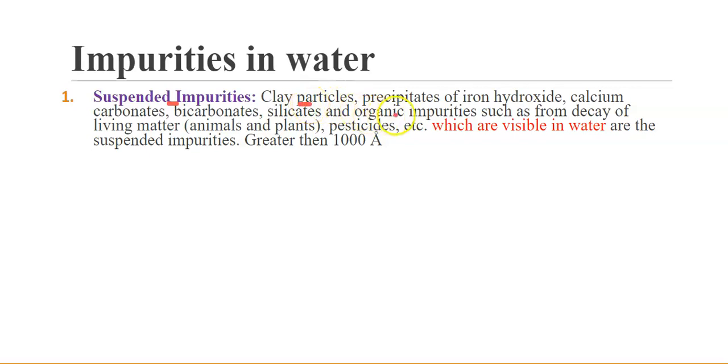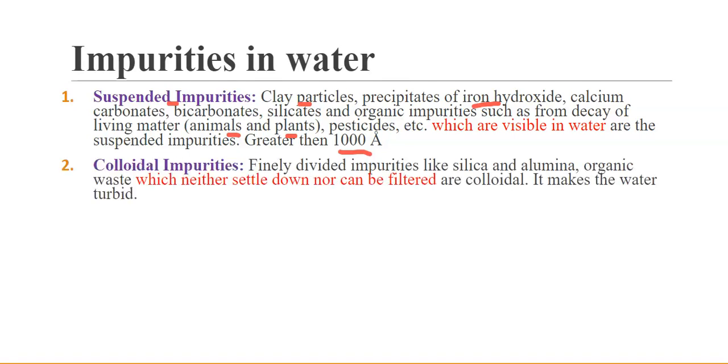Like clay particles, precipitates of iron hydroxide, calcium carbonates, bicarbonates, silicates, organic impurities which we get from living matter, like residues or remains of animals and plants, pesticides. The impurities which have size greater than 1000 angstrom are the suspended impurities which we can clearly see. If there are small pebbles in water, I can clearly see them, so they come under suspended impurities.